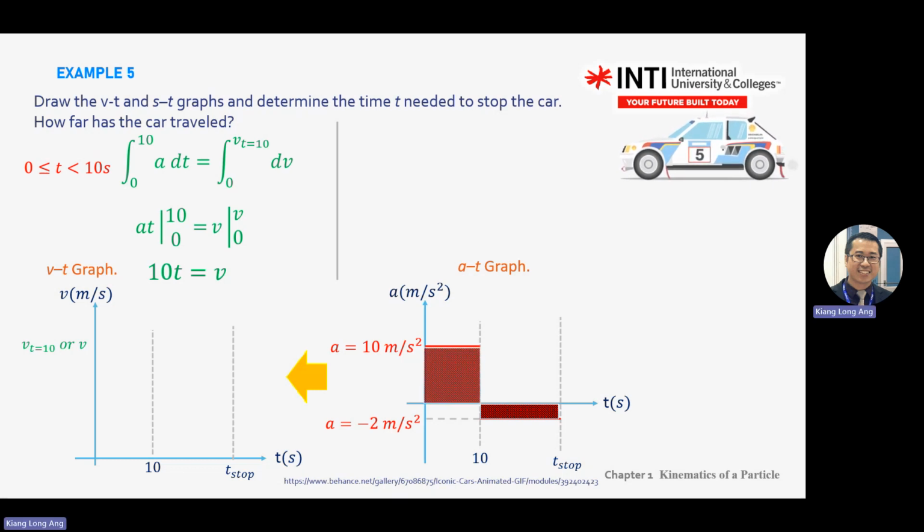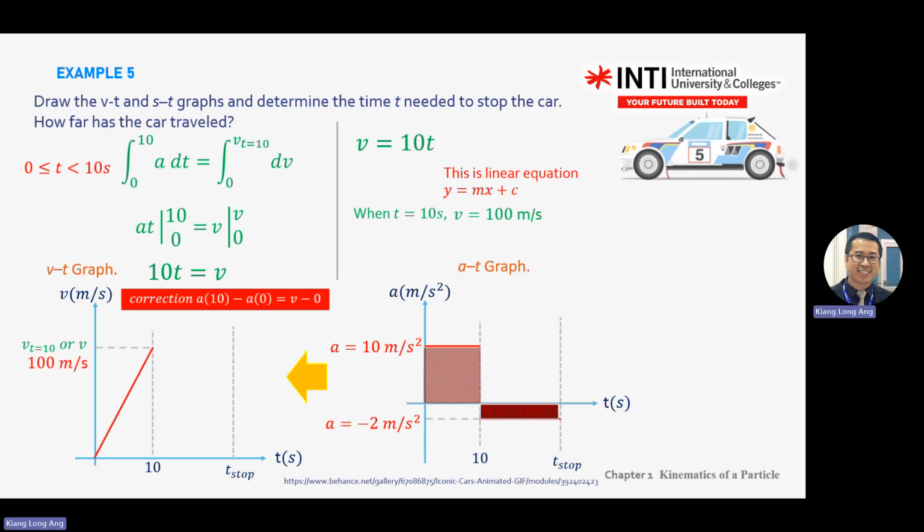What is the shape of the second one? So this one I already explained how to get the 10 and the red line.